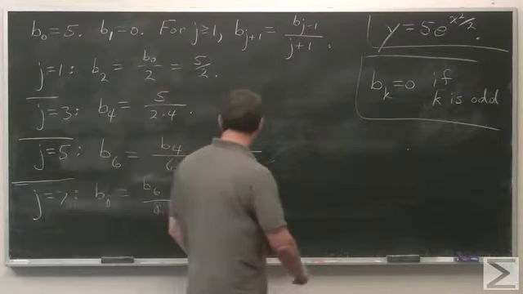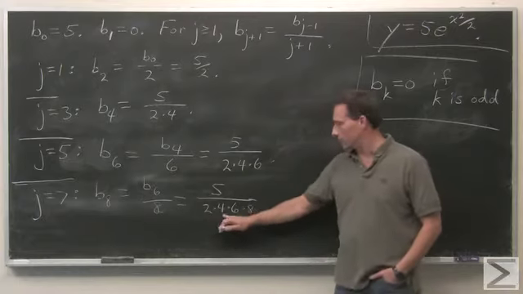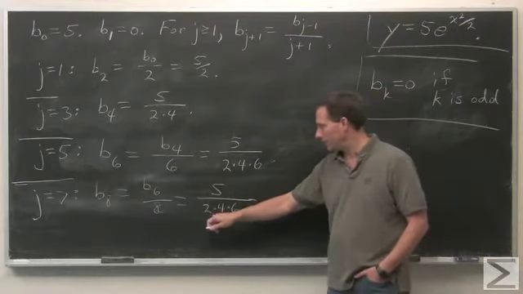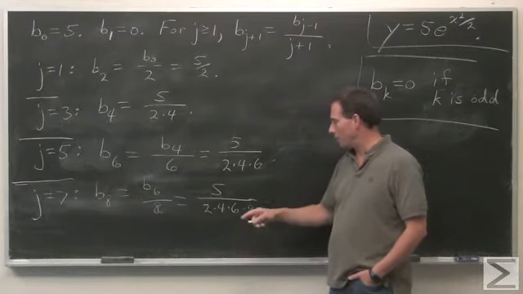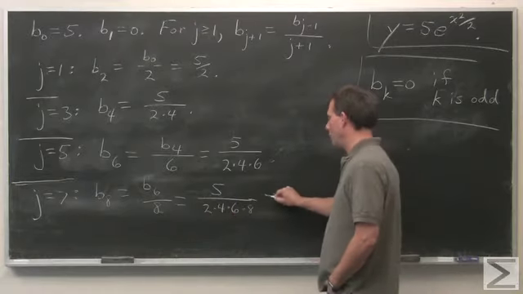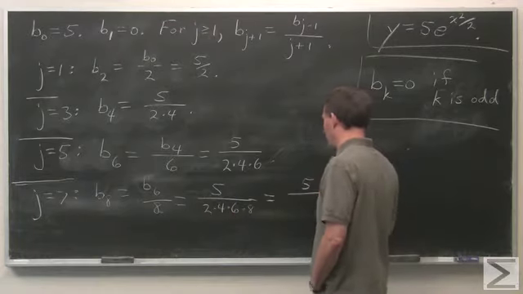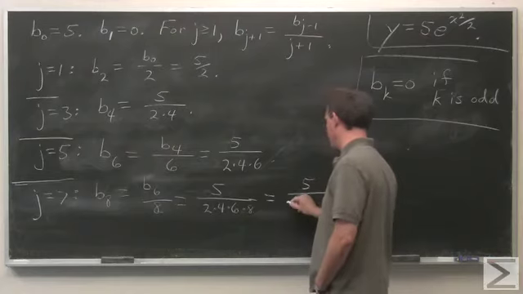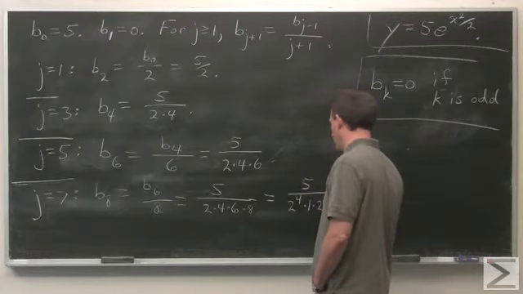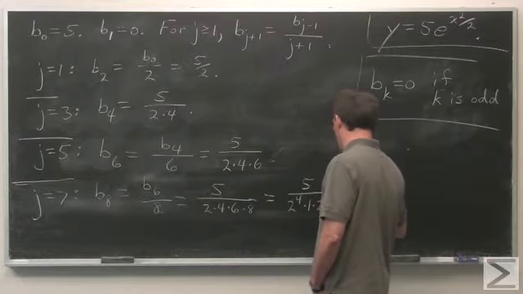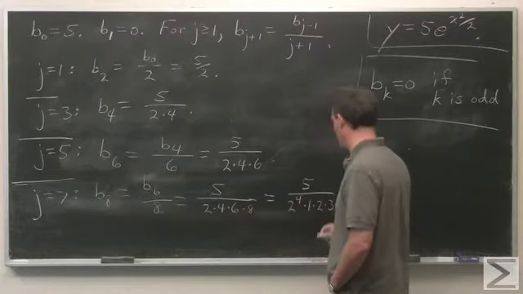What's the big deal here? You'll notice that this is just going up by multiples of 2: 2, 4, 6, 8. Well, if you factor out all those 2's, you can factor 2 out of each one of those. This is 2 to the 4th times 1 times 2 times 3 times 4. Right, I factored out 4 2's.